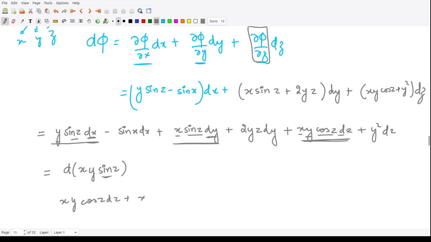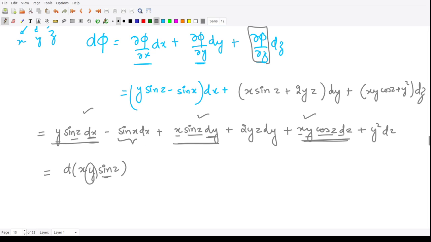Then x as such, the derivative of y would be dy sin z, plus the derivative of x would be dx, y and sin z as such. So these are these three terms only. So you understood my point? This is how you can make complete derivatives by inspection.